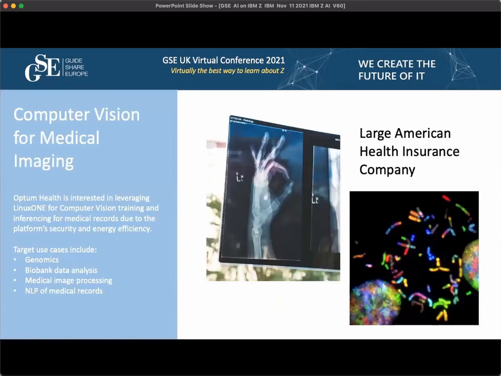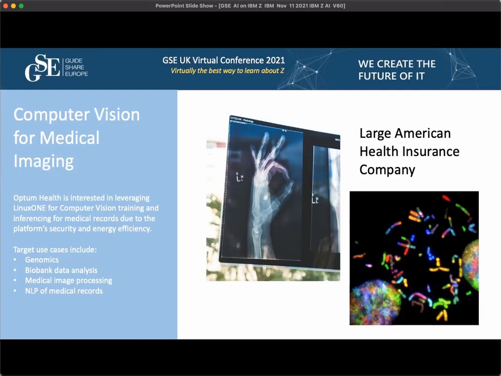And lastly, I want to close my discussion around use cases with a use case that we're working on with a large health insurance company in the U.S., where again they're using our LinuxONE systems and they're scanning medical images to assess patients and make patient diagnoses, and also for some genomic use cases as well.